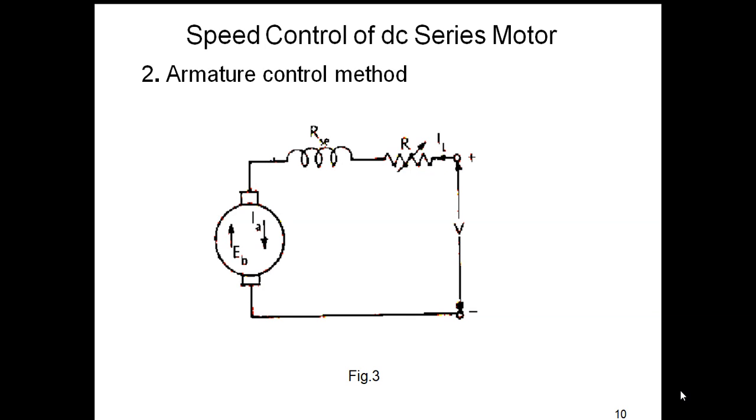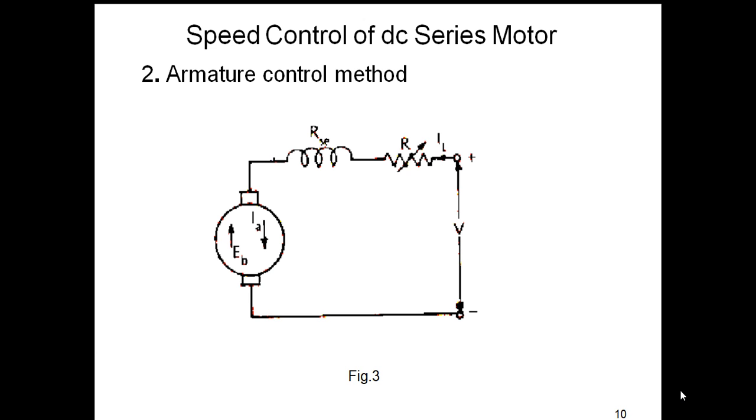Now let us see the next method, that is the armature control method.